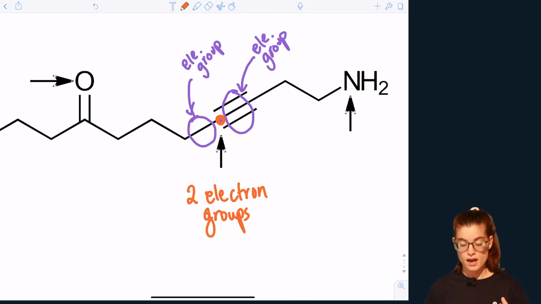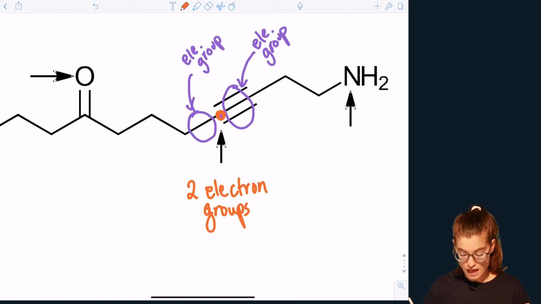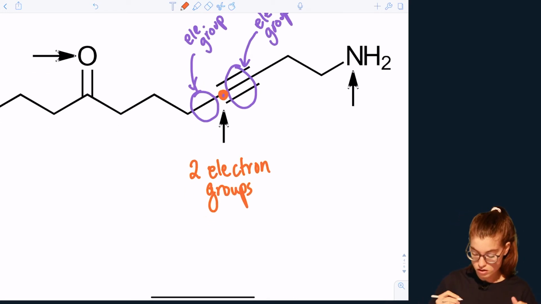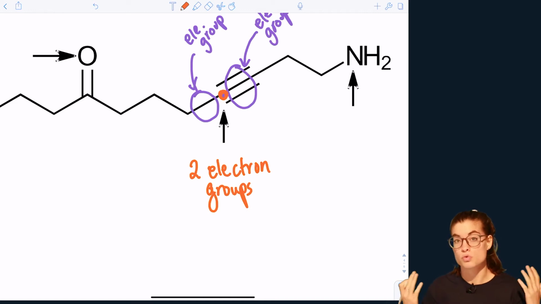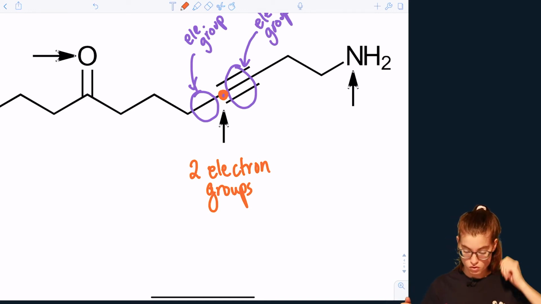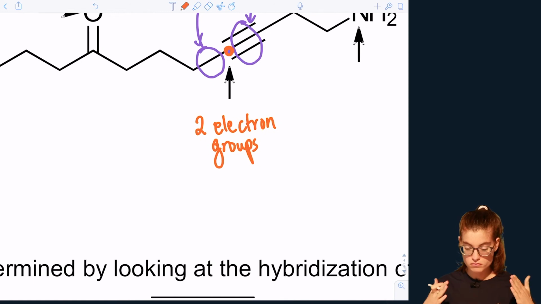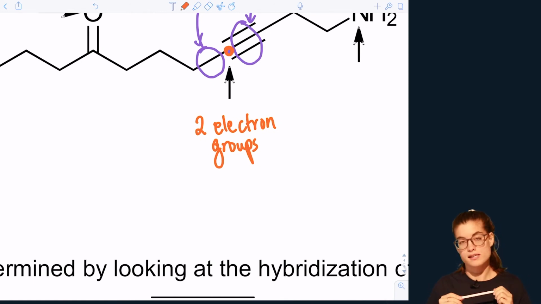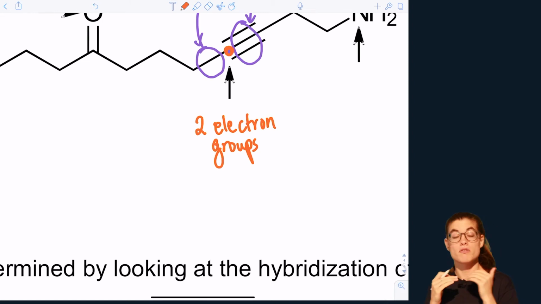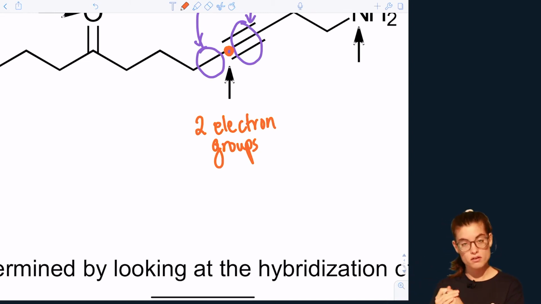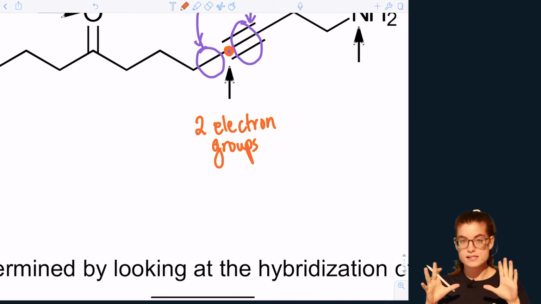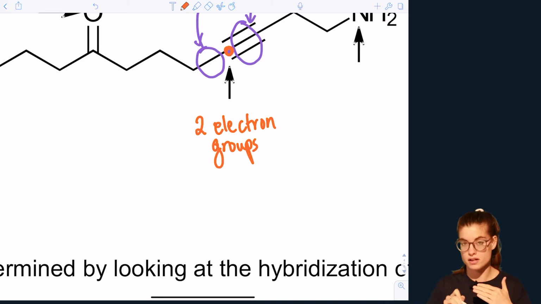Okay? And that means that it's going to have a hybridization that accounts for those 2 groups. Remember what I said earlier about hybridization, where the number of orbitals you put into hybridization equals the number of hybrid orbitals you get out of hybridization? We want the number of hybrid orbitals to match the number of electron groups.